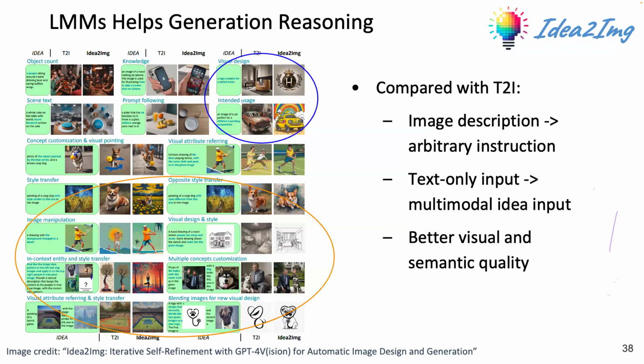The highlight here is that instead of the image plus text input we've seen in some of the previous models, here we can actually extract an arbitrary visual concept from our input reference image. This can be the tennis pose of this person, or the specific hat he's wearing, or the art style, or other arbitrary information related to the input reference visual image. And finally, in general, because of the feedback loop, it brings images of better visual and semantic quality, for example, the correct person count and the correct spelling.